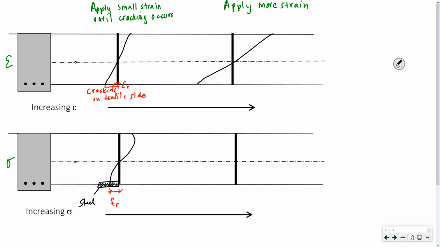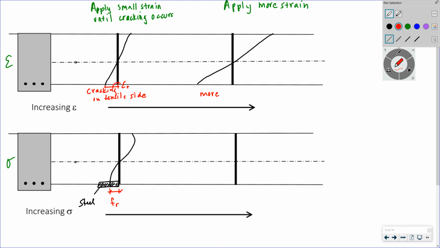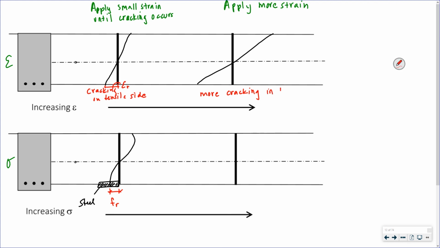Eventually, I'm going to have cracking. More cracking in the tensile side of my concrete.